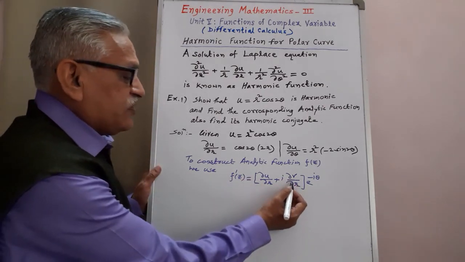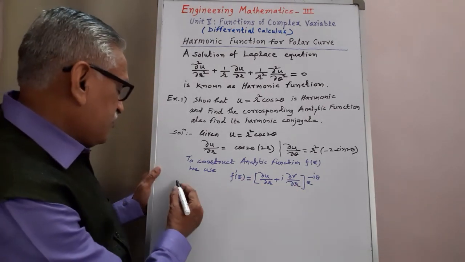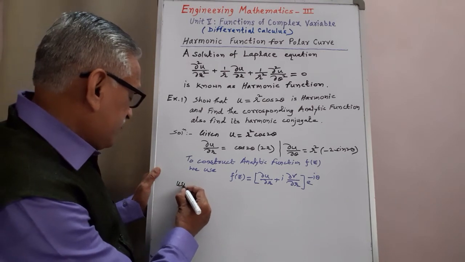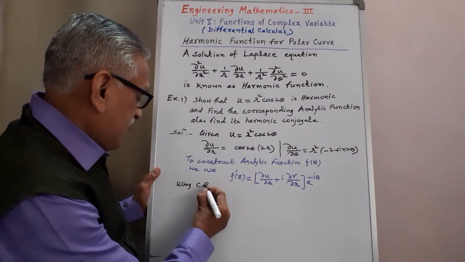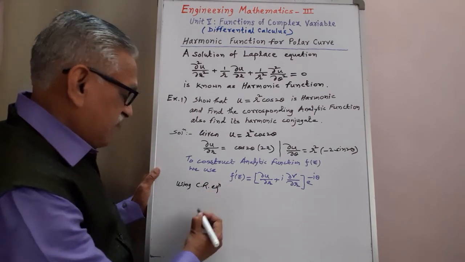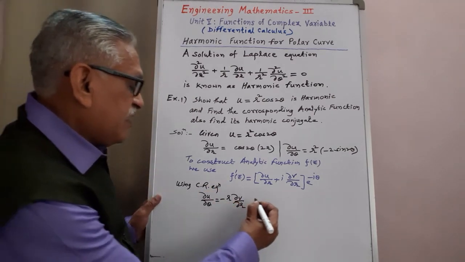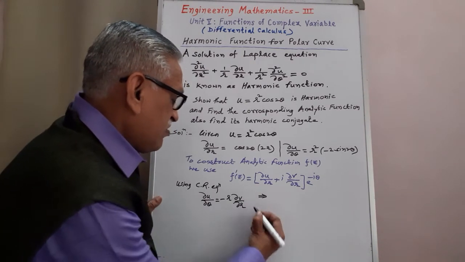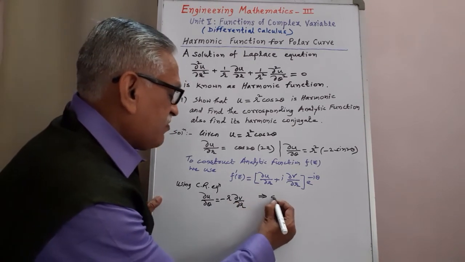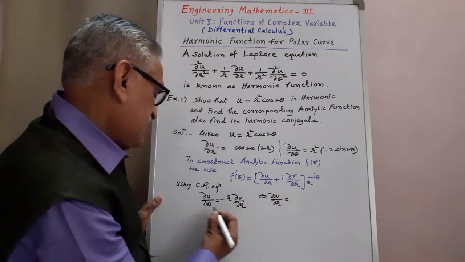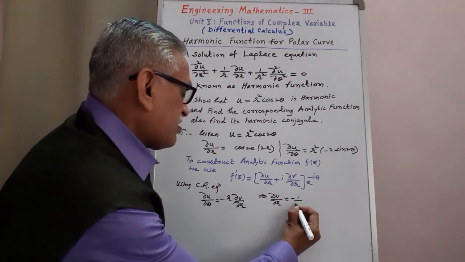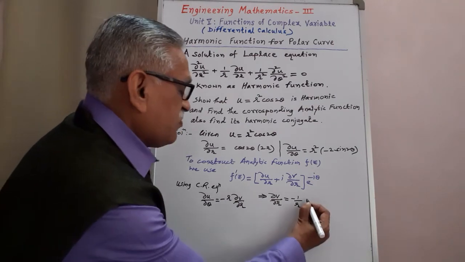Here we don't have the value of ∂v/∂r, therefore using CR equation, we can find the value of ∂v/∂r as minus 1/r ∂u/∂θ.